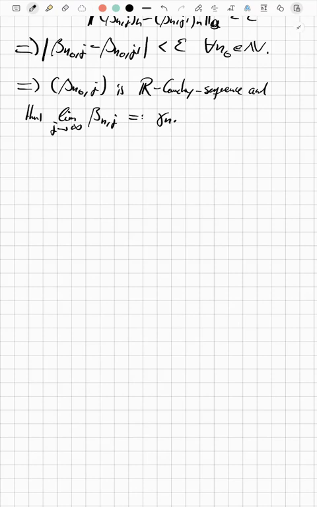Okay, I hope you could follow that. Now let epsilon be greater than 0 and j epsilon be an element from the natural numbers as before. And we fix j and j dash greater than j epsilon.